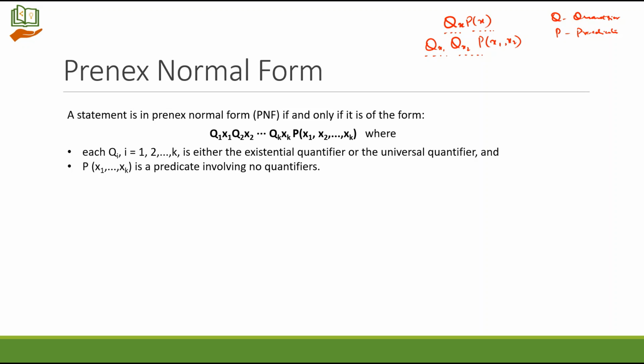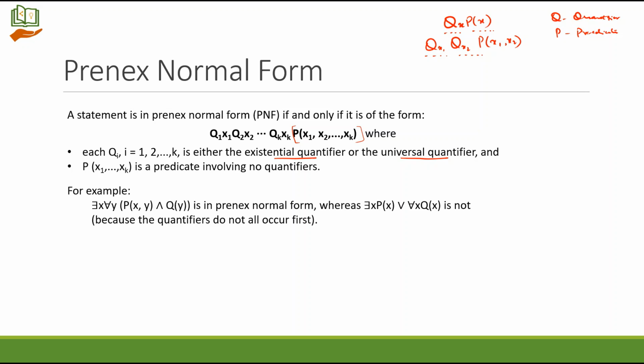So q1 x1, q2 x2 up to qk xk, predicate of x1, x2 till xk, where each qi is either an existential quantifier or a universal quantifier. Anything can be applied, and p of x1 through xk is a predicate involving no quantifiers. This part doesn't have any quantifier. All the quantifiers come beforehand.